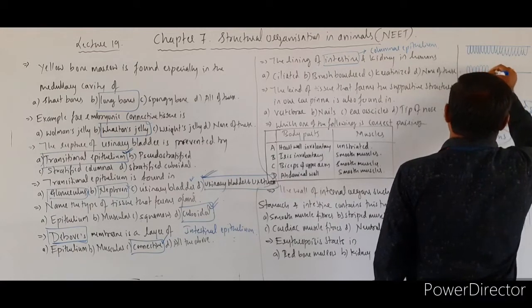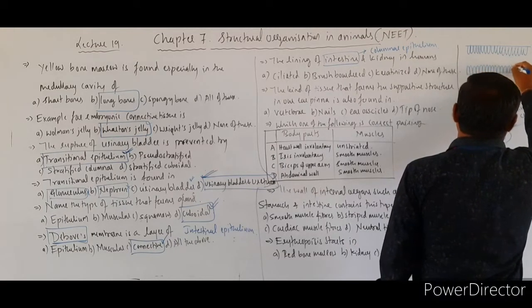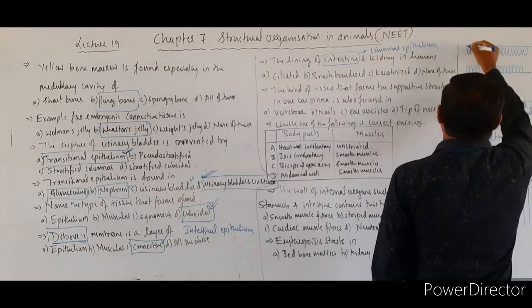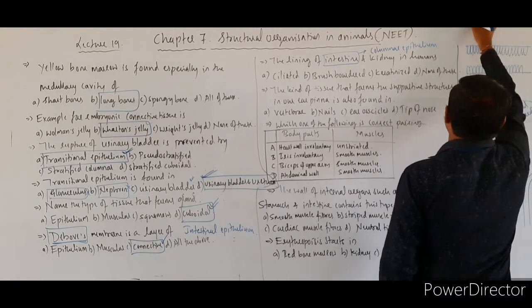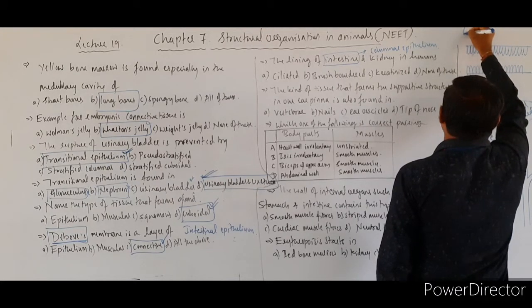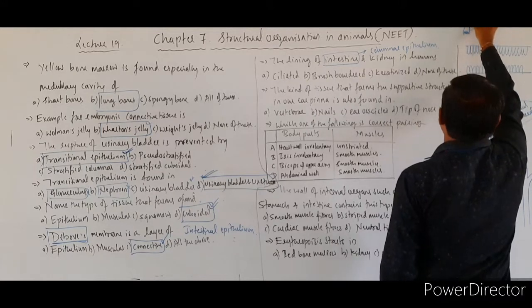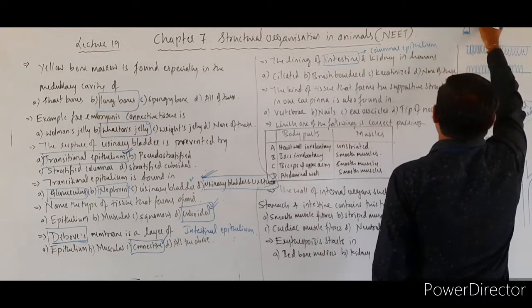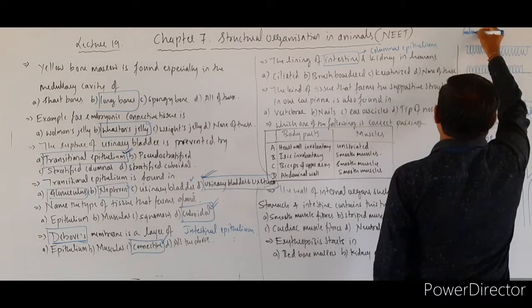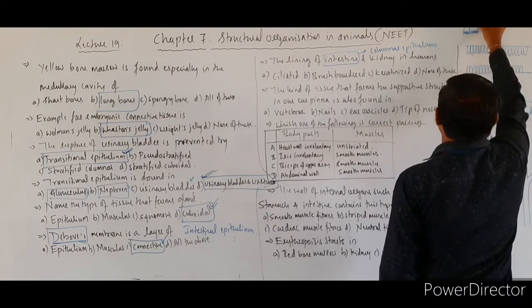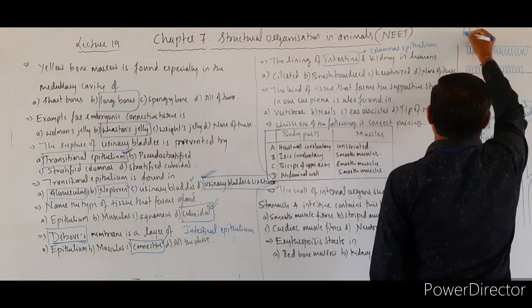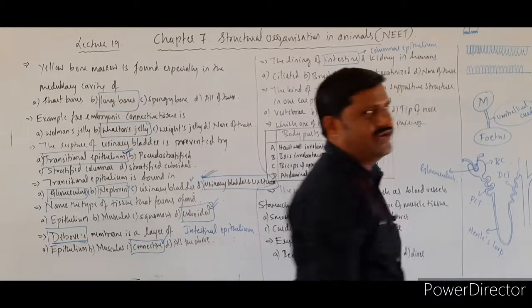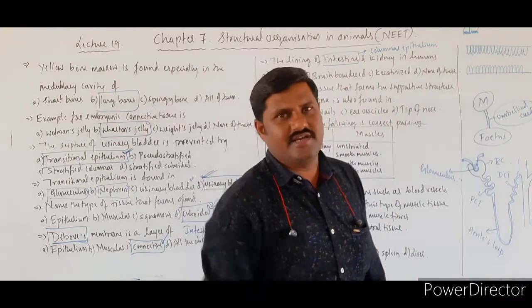If you enlarge this portion, imagine yourself, this is one column-shaped epithelial cell that has a brush border over here. This is one cell, and another cell is also the same. This is also a column-shaped cell, and this is said to be the brush border.